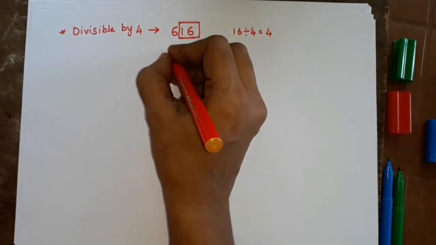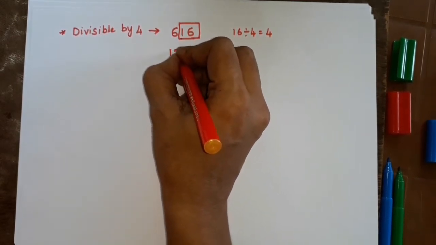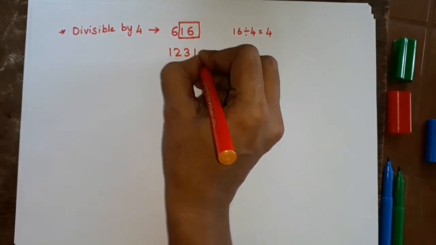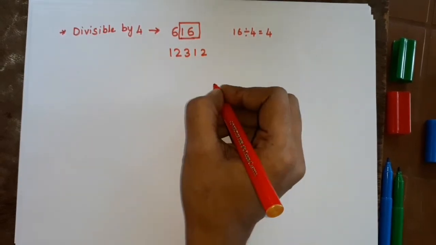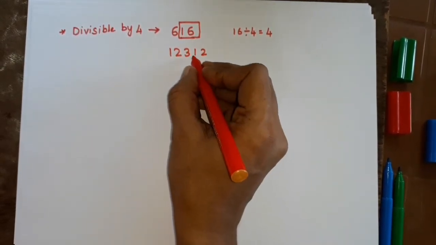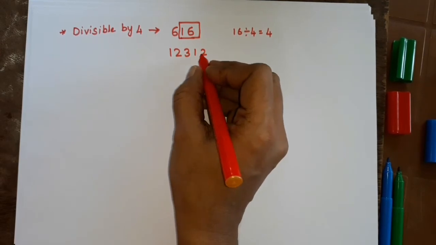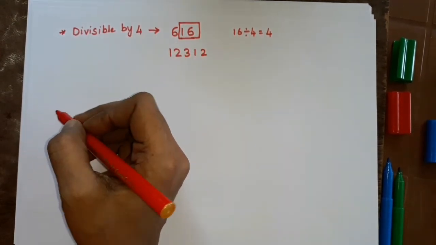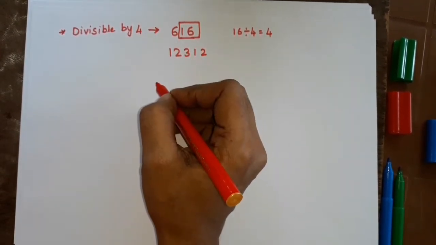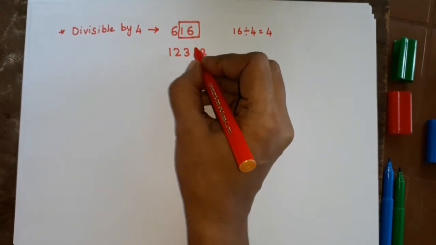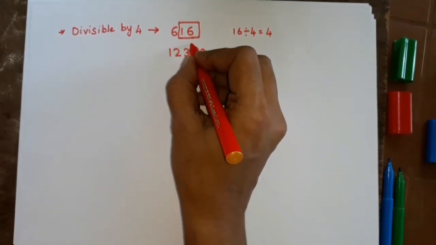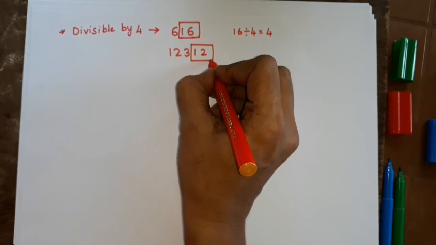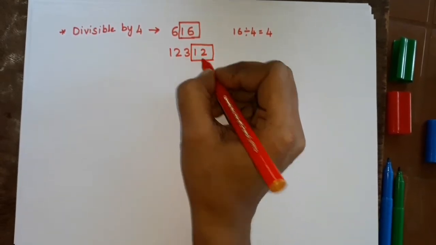Now let's take another example. 12,312. Is it divisible by 4? Without dividing we cannot find out. So how we will check? We will check by taking the last 2 numbers, which is 12.